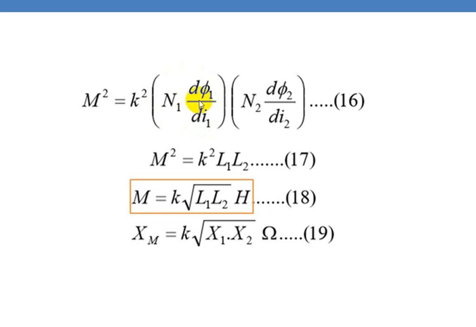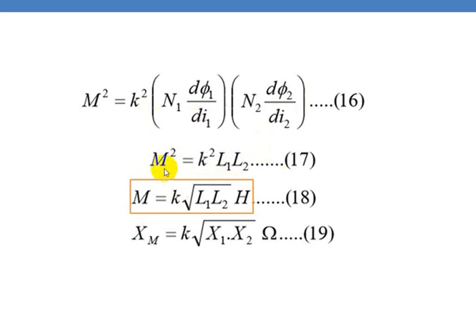So now you write this as L1 here. And this is N2 into d phi 2 by di2, the total flux linkage in coil 2 due to its own current. This is L2. So this equation can be written as M square equal to k square into L1 into L2.